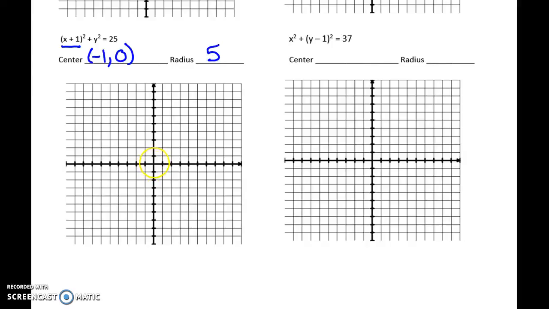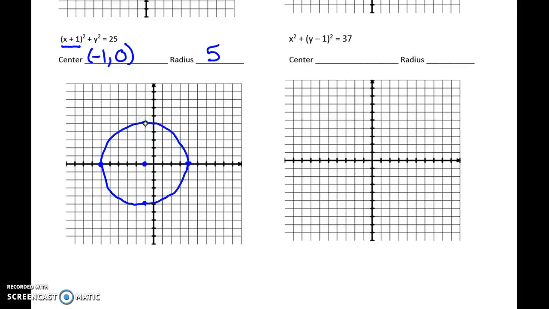So I'm going to plot my point at -1, 0, and then I'm going to go 5 out in 4 directions. 1, 2, 3, 4, 5. Drop a point. Again 5, drop a point. Again 5, drop a point. And 5 more. And then we just connect to make a circle as best we can.